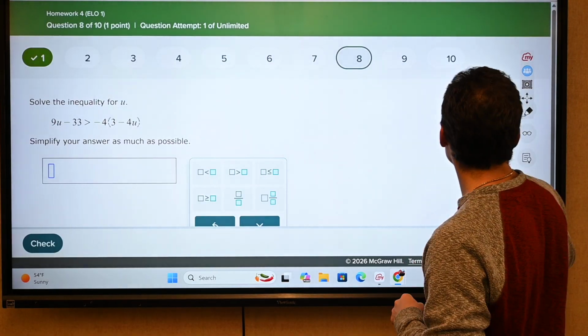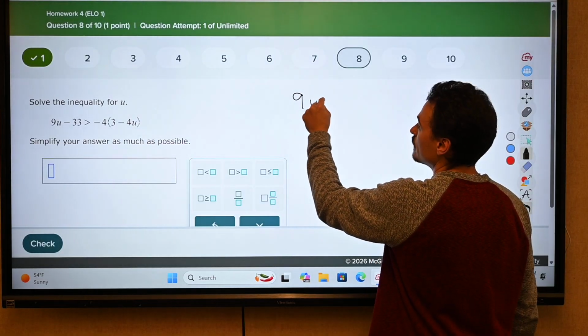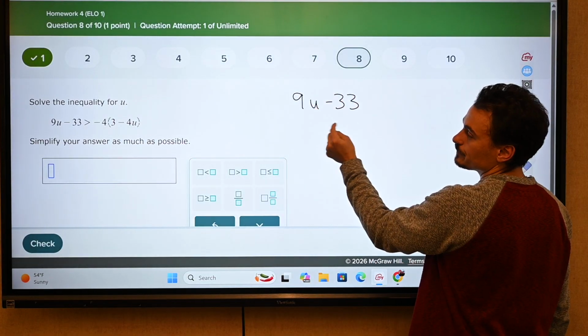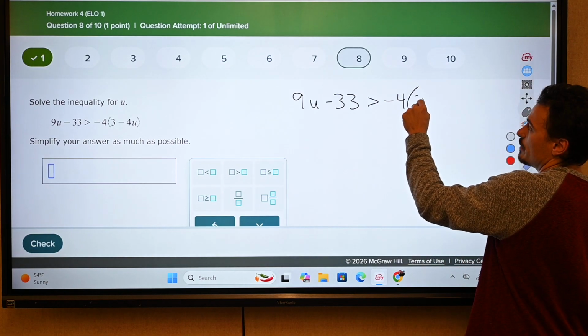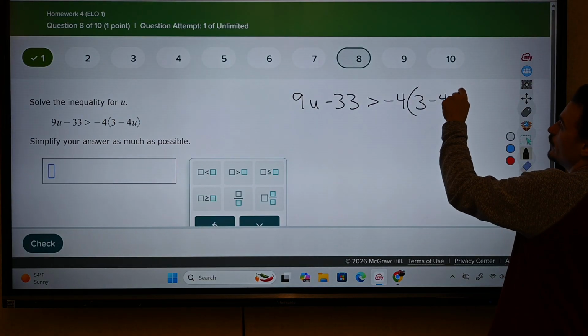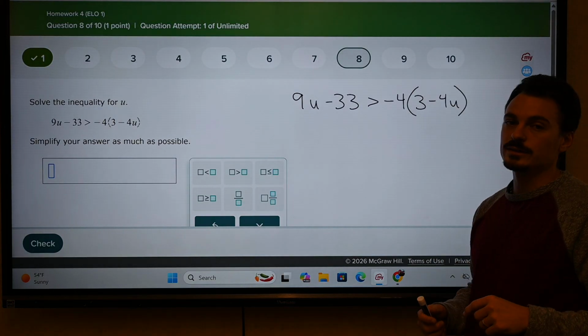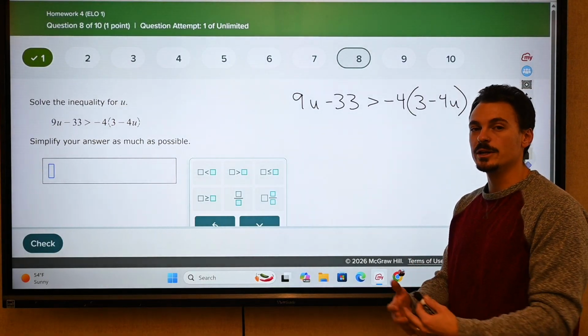Number 8. Not every question is sunshine and rainbows, right? Sometimes we get one that looks pretty confusing. If you get a question like this with solving inequalities, you should revert back to what you always do when you solve equations.